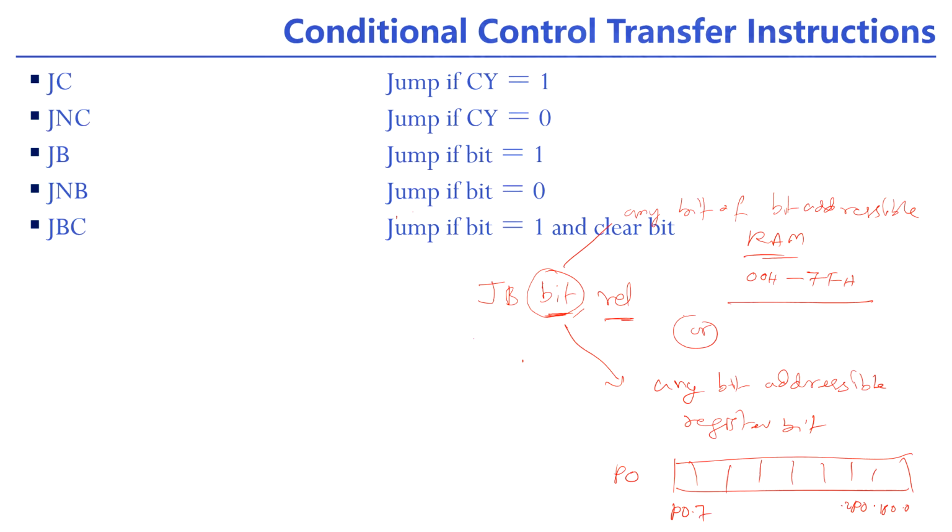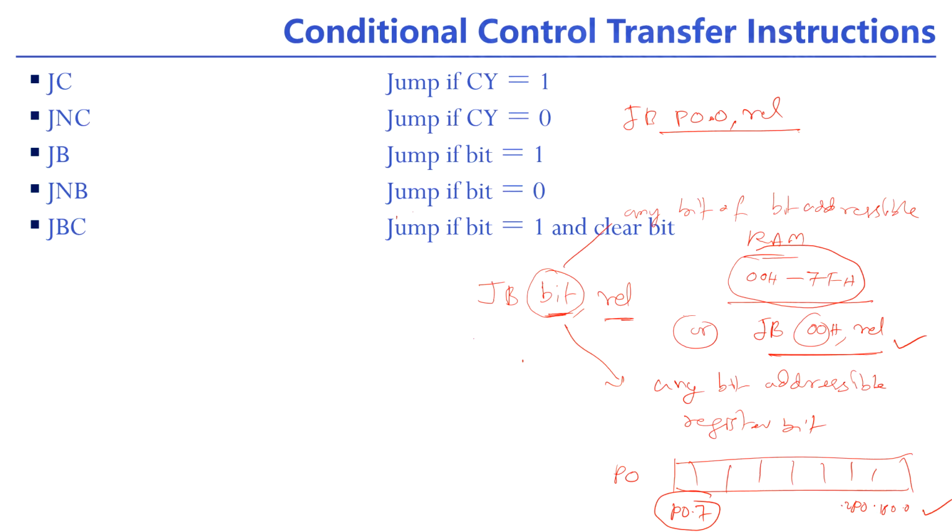That means I can write, for example, jump if bit port 0.0 comma relative address, or jump if bit 00h comma relative address. So this bit may be any one bit within this bit addressable location, like port 0 as described here.